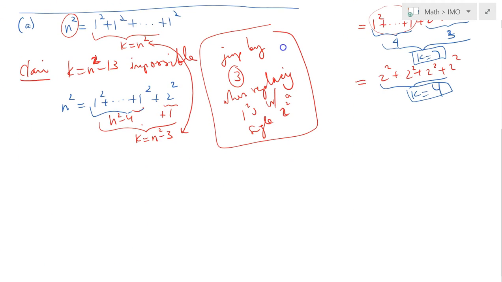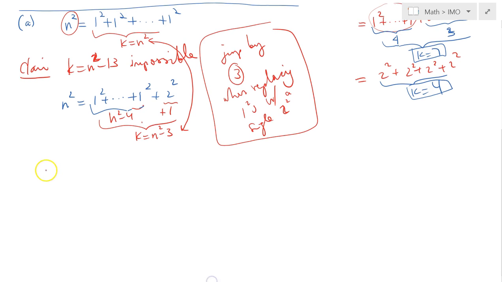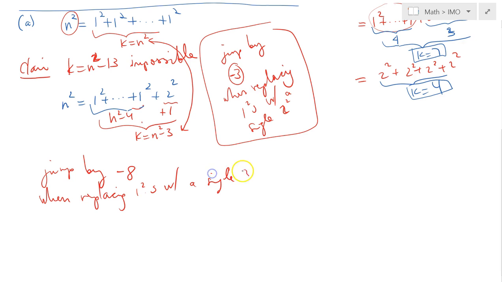So when I apply this procedure, replacing the 1 squares with either 2 squares or 3 squares, I will jump by minus 3 when replacing 4 1 squares with a single 2 square, and by minus 8 when replacing 9 1 squares with a single 3 square. Does that make sense?